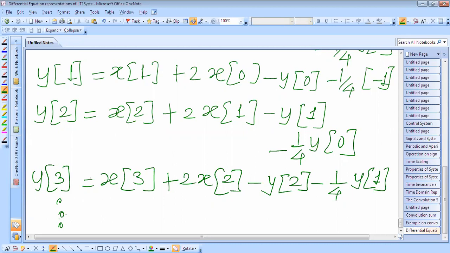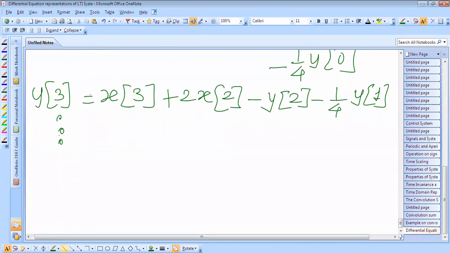In each equation the current output is computed from the present and the past values of the output. In order to begin this process at time n equal to 0, we must know the two most recent past values of the output.